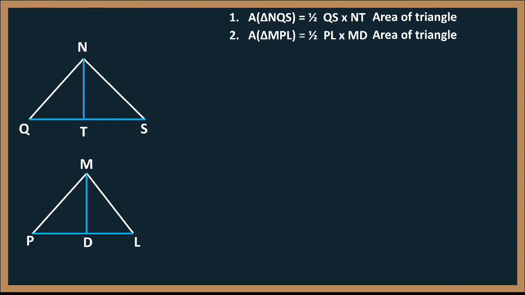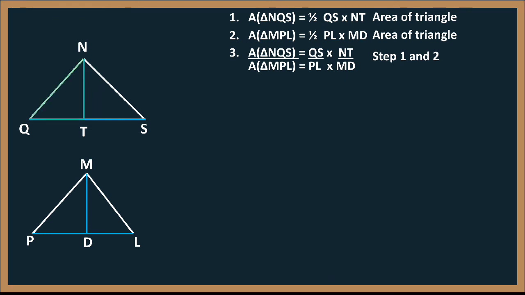In the third step, we will take the first and the second one and divide them. When I divide, the half and half will get cancelled and the rest everything will remain the same. Now what is the reason for this? We have got this conclusion from step number 1 and 2, so I'll write that, step number 1 and 2.